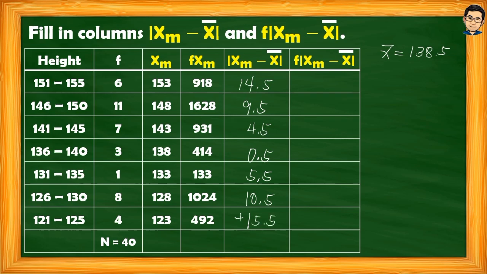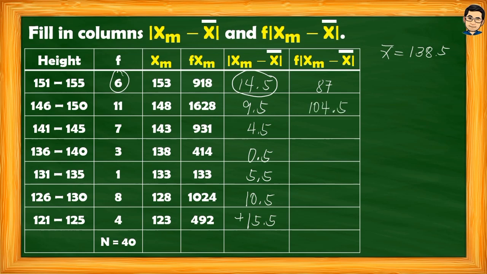So, ayan na po. Doon na po tayo sa last column. So, sa last column, i-multiply lang natin yung nakuha nating absolute value difference doon sa frequency. So, first, 6 times 14.5. So, yung 6, ito po siya, yung frequency. I-multiply po natin dito. Okay. So, that is 87. Next, 11 times 9.5, that is 104.5.